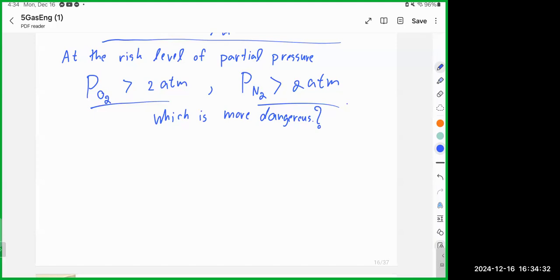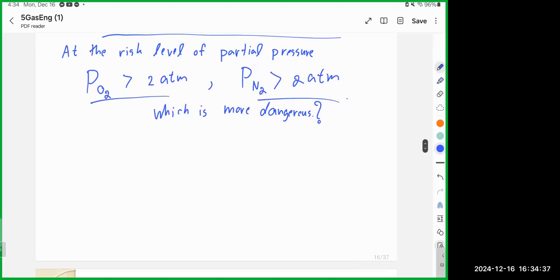Okay, before you can answer about this, you have to understand about the composition of air. For example, here is air. There is around 78 or 79% of nitrogen.